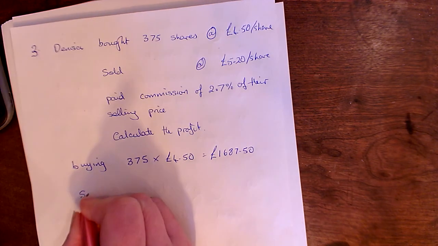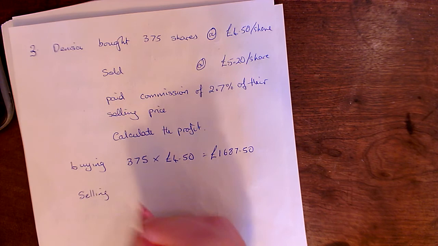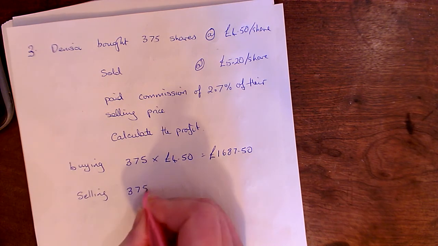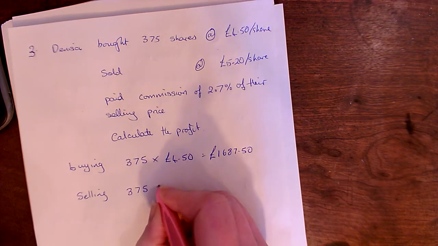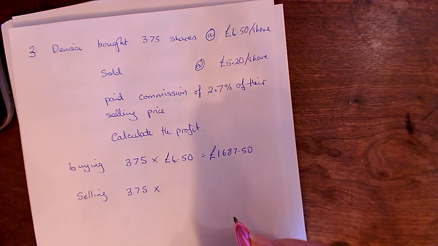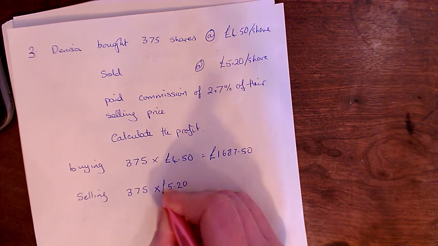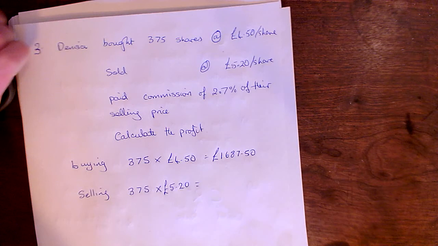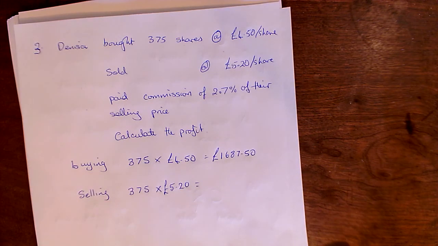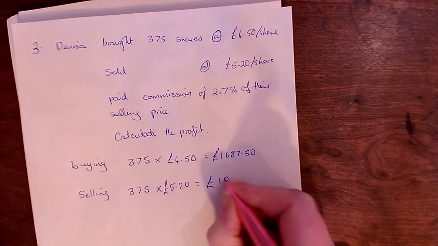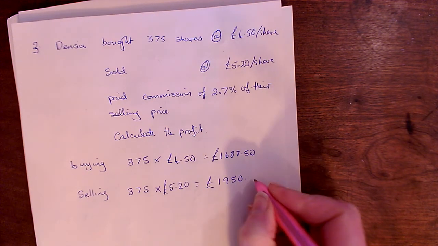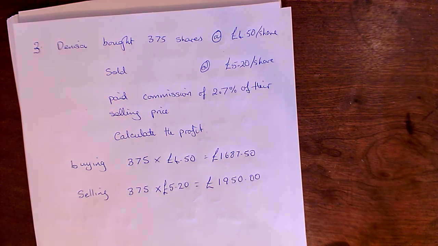Now she sold them. There's still 375 of them, that hasn't changed. And she sold them for £5.20 a share. Okay, so 5.2 times 375 equals. So that was £1,950.00. So that's what she sold them for.